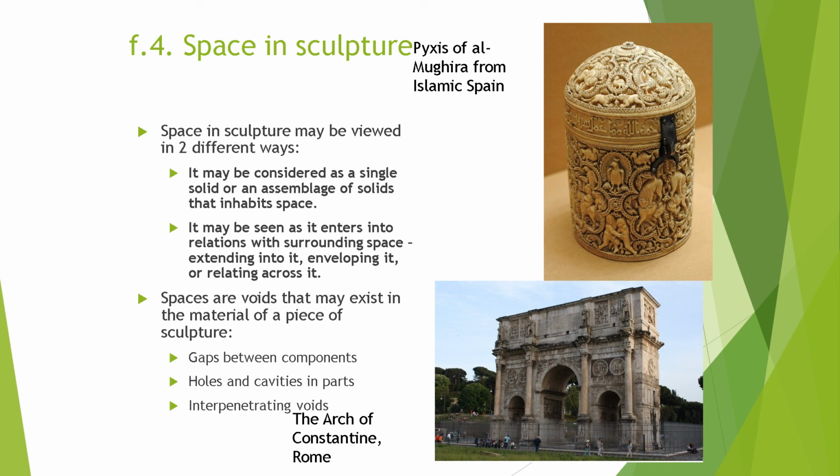So, aside from the area kung saan natin nilalagay ang sculpture, ang spaces din or yung convex and concave, or for short yung concave or mga gaps na nagawa natin sa isang sculpture also represents the spaces na ginamit natin. Holes and cavities, interpenetrating voids ay part yan ng spaces in sculpture. But we have to take note, ang spaces sa sculpture is part of the intricate design.